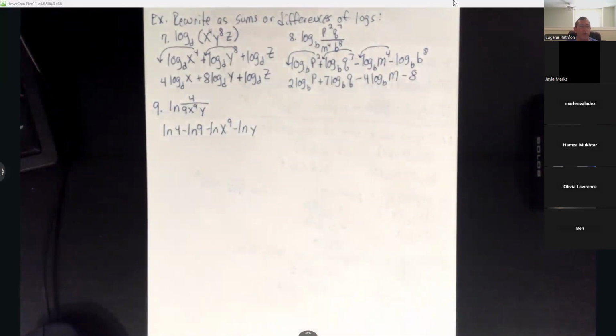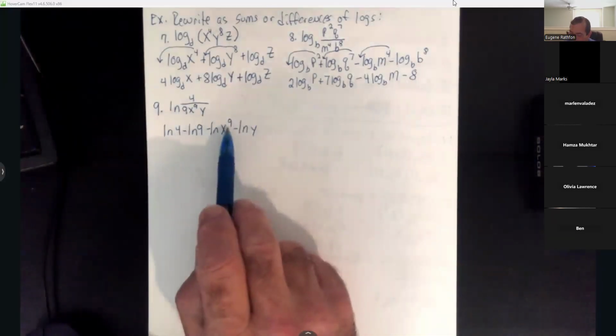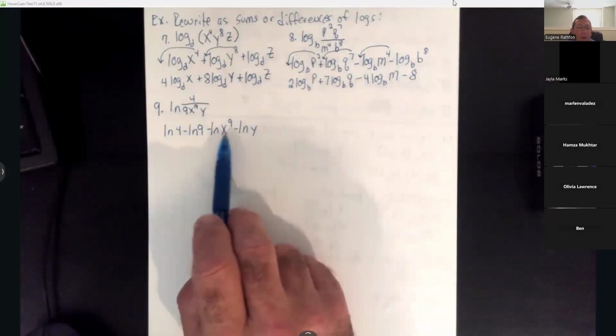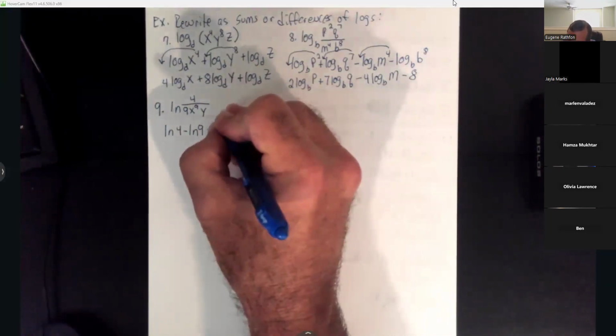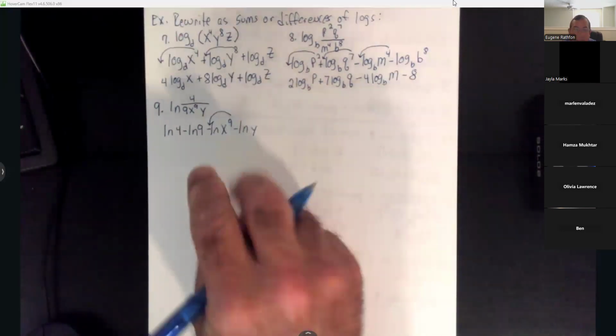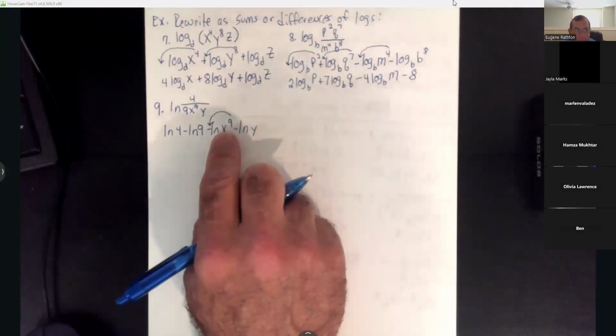And y'all guess what? There is one more step in this. I've got an exponent on this third term here. So since I got an exponent on the third term, I need to bring the exponent down in front of that ln of x and write it as a product.